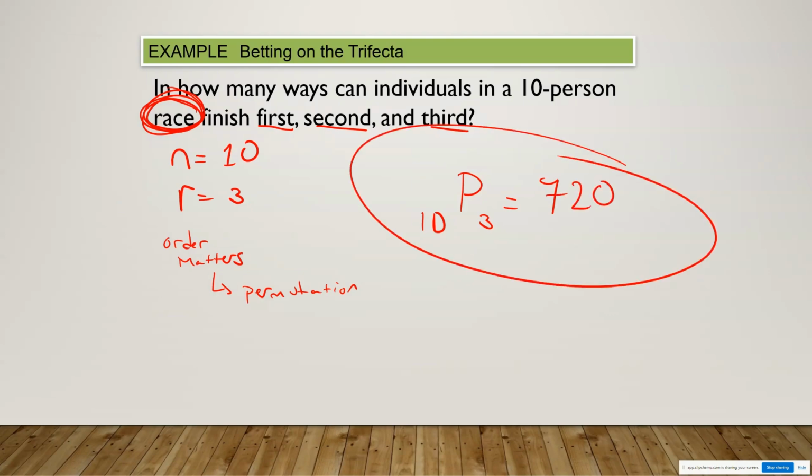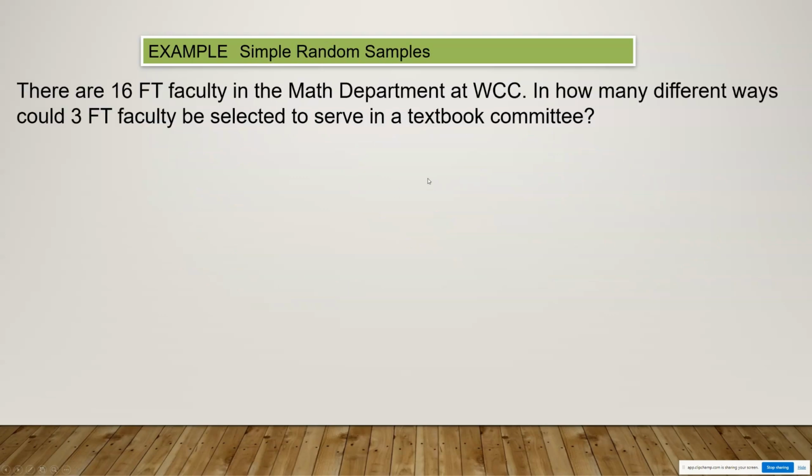Now let's take a look at combinations. There are 16 full-time faculty in the math department at WCC, so that's going to be the total number of individuals, N. In how many different ways could 3 full-time faculty, so I want to select 3 of them, serve on a textbook committee?